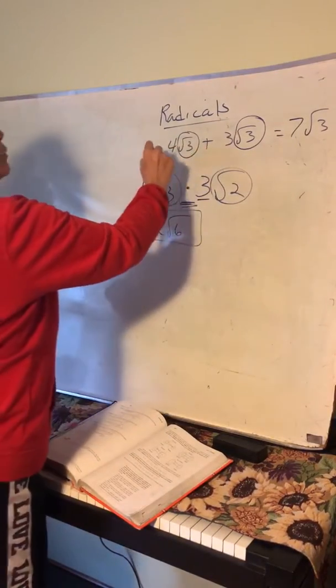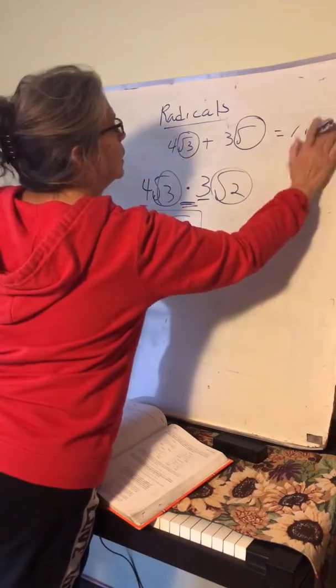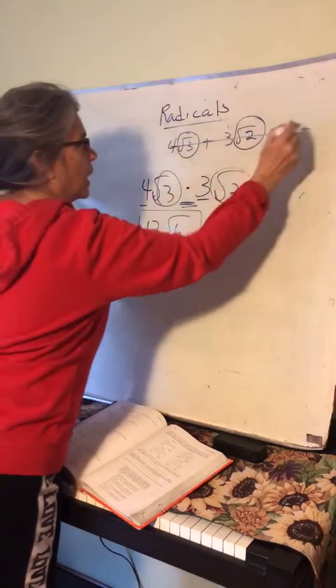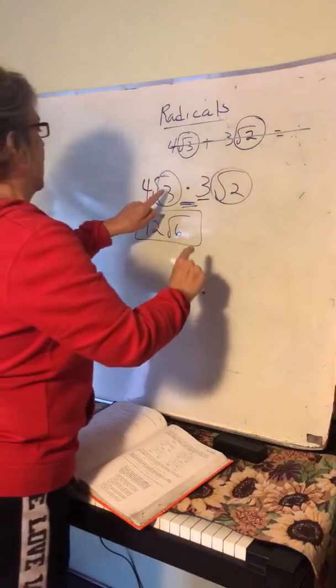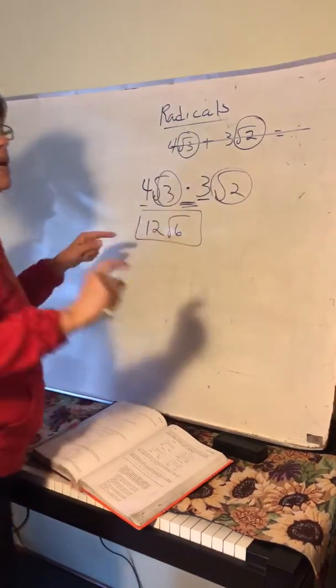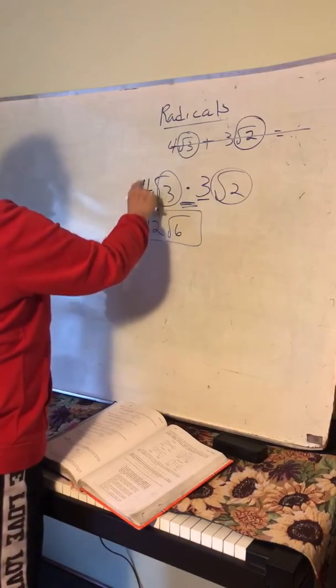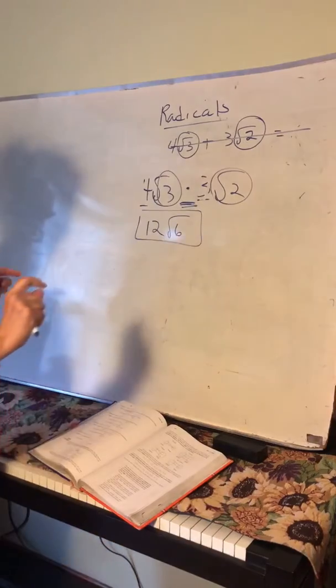This is when we were adding. If they were different, you could not combine them when we were adding. Okay, but now we're multiplying. And so when we multiply an x, say this is an x and a y, those numbers can be multiplied together. So we have the whole numbers, 12, and the radicals multiplied together.